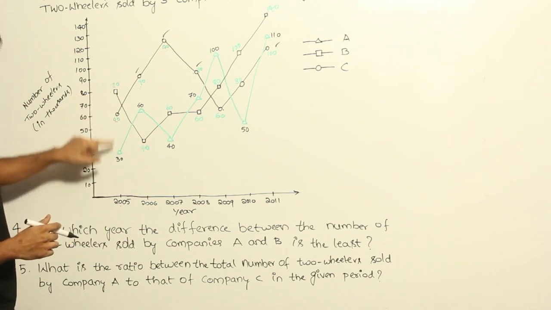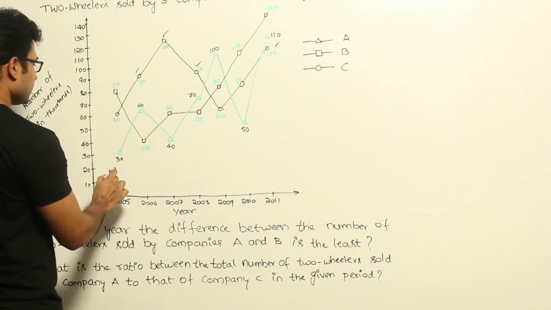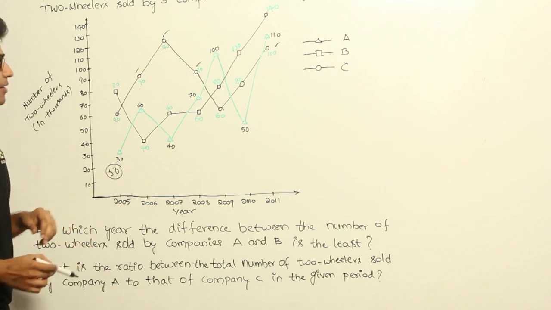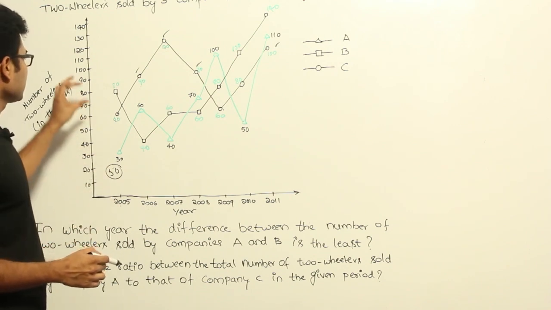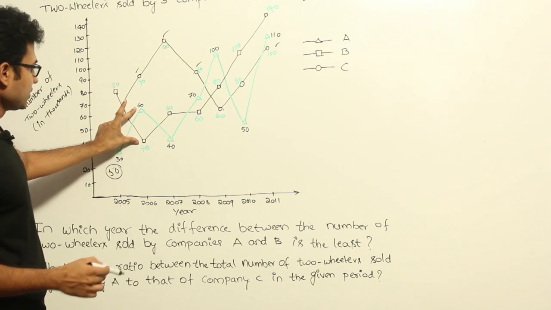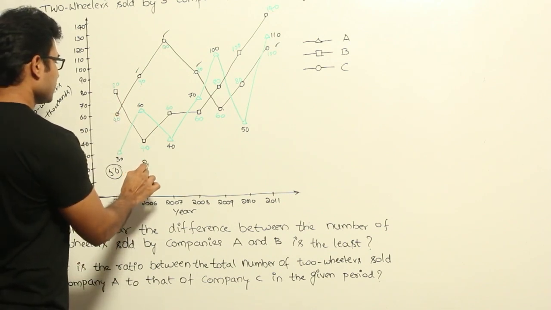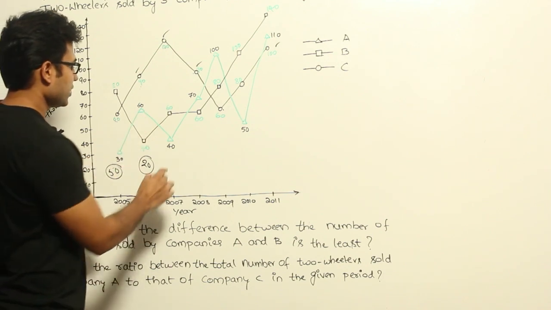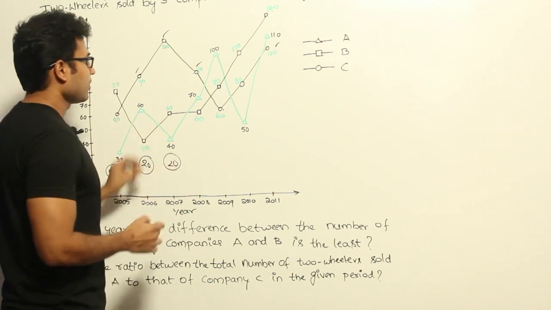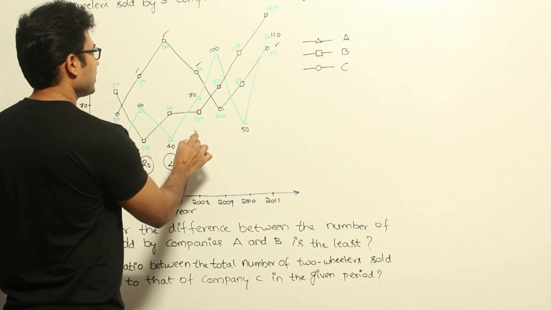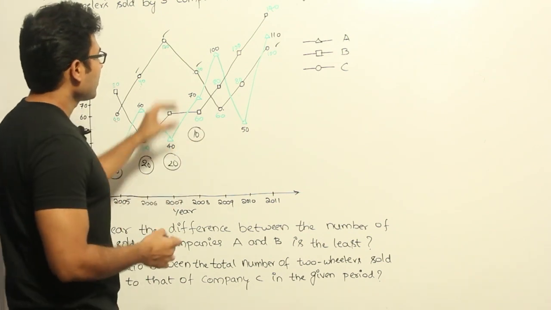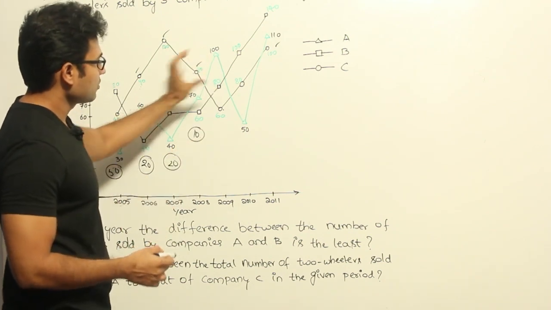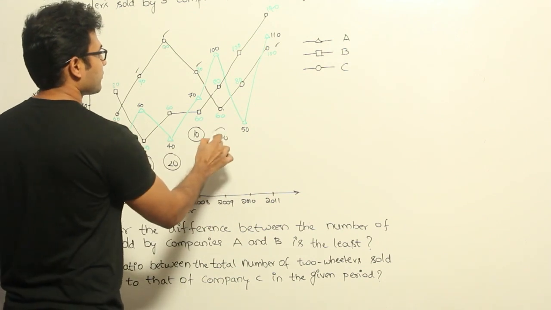So now here it is 80 and 30, therefore the difference is 50, right? And here the difference is triangle and square, right? 60 and 40, which means the difference is 20. And here the difference is 60 and 40, again 20. Here the difference is 10, 70 and 60, which means 10. And here the difference is 180 means 20.